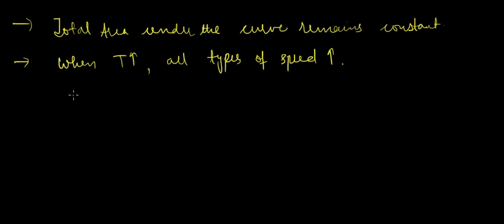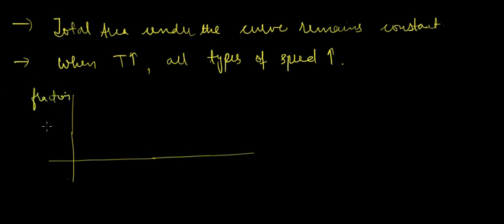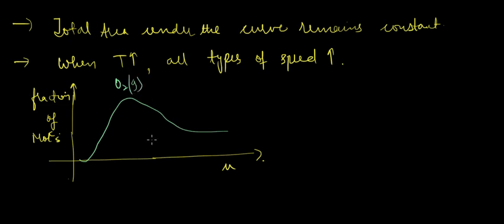So let's again see the Maxwell's distribution curve, where we have fraction of molecules on the y-axis and speed on the x-axis. The graph's nature would be something like this: for oxygen we would have a curve like this, then for nitrogen we would have a curve like this, and for hydrogen we would have this curve.